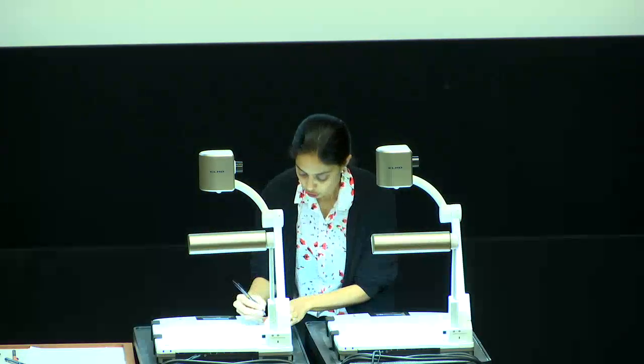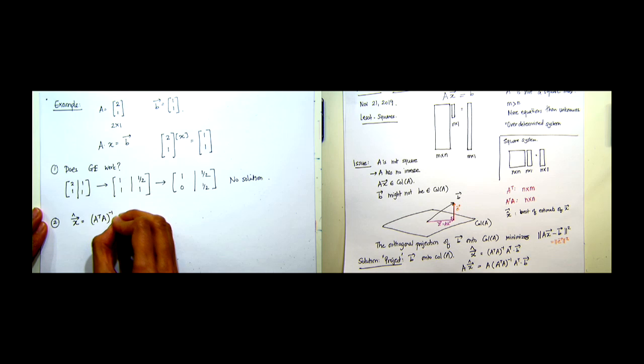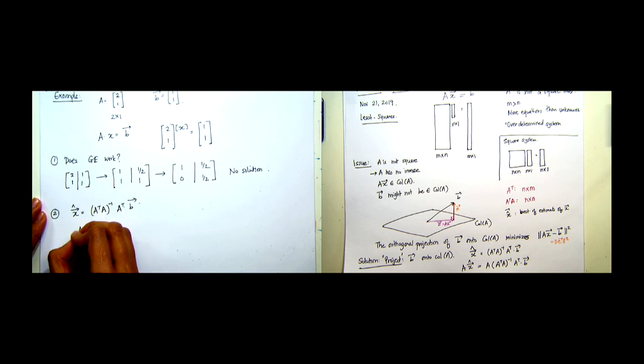This is where least squares can come in. So, let's try to use least squares, right? And we can write our x hat is equal to A transpose A inverse A transpose times B. Okay? So what is A transpose in this case?